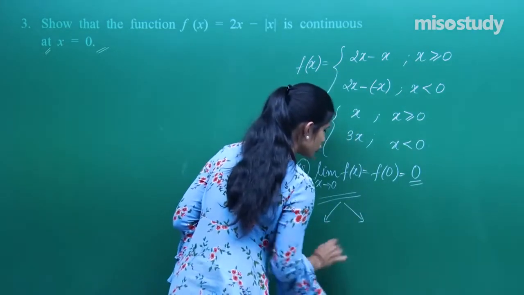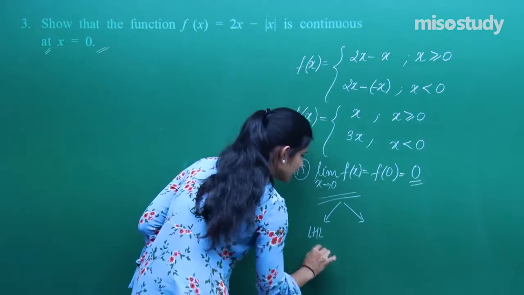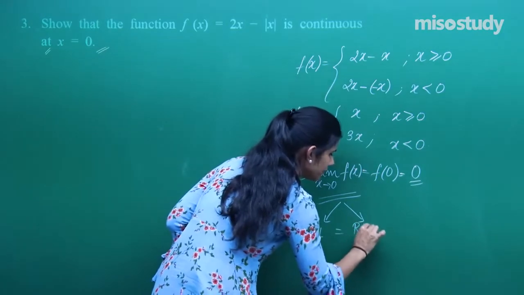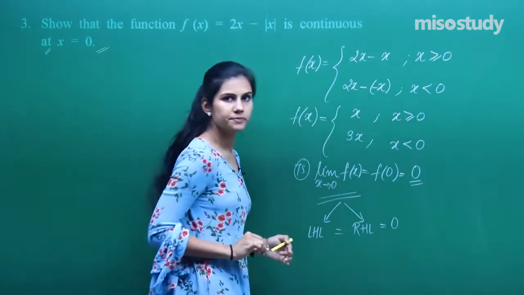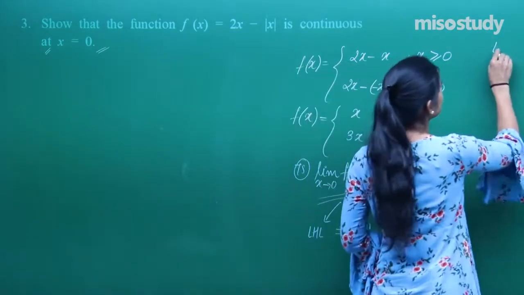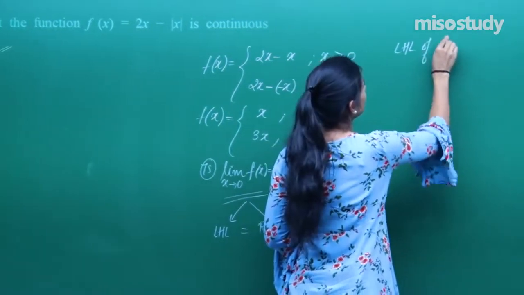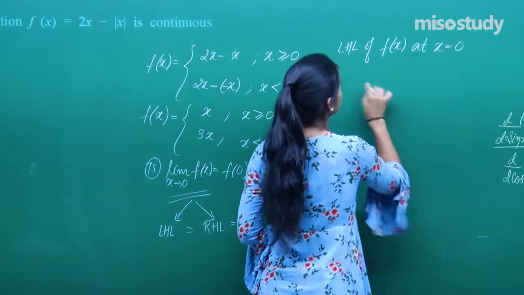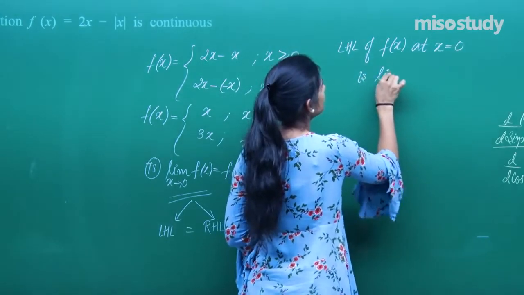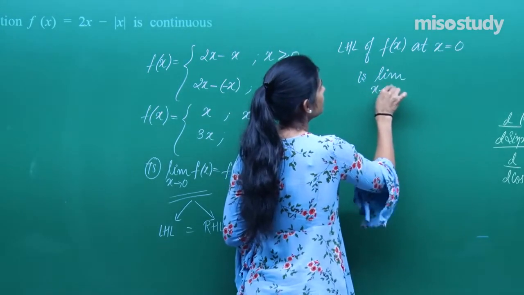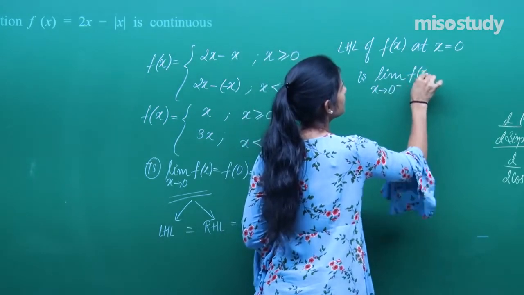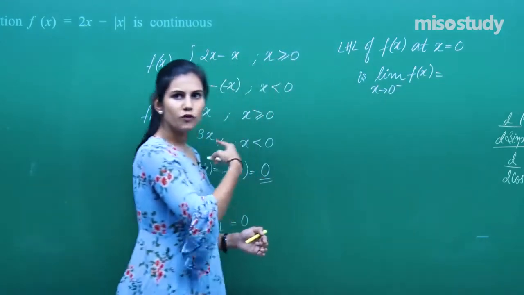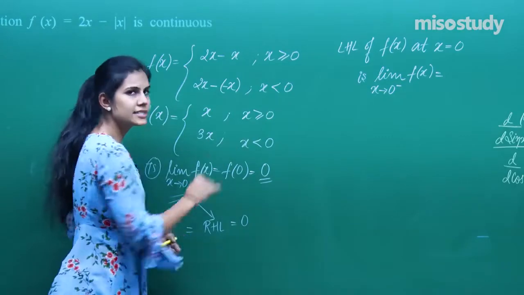That means I have to show left hand limit is equal to right hand limit is equal to 0. What is left hand limit? Left hand limit of f at 0 is limit x tends to 0 from the negative side of f of x. If x is approaching 0 from the negative side, that means clearly x is less than 0.